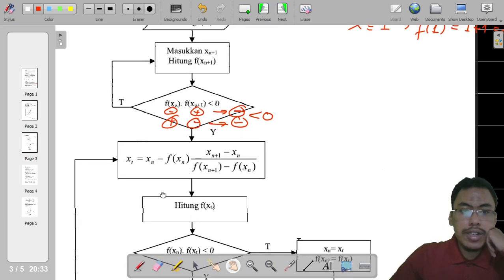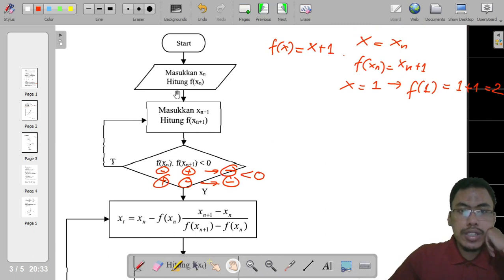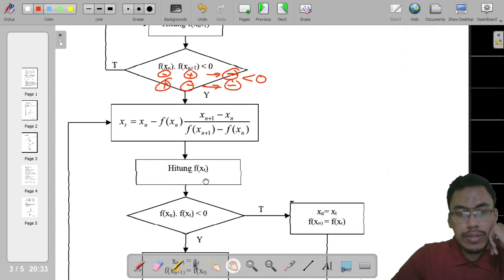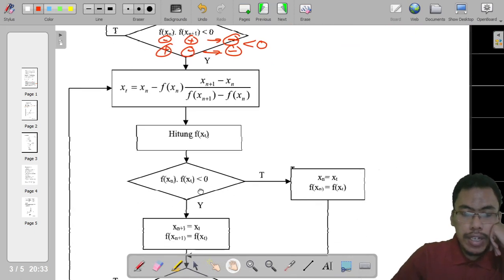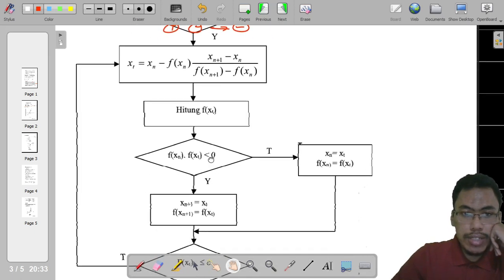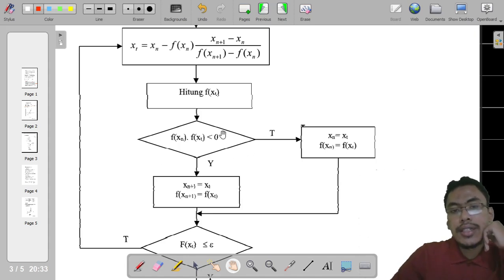The value of f(xn) is already obtained because we calculated it at the early stage of the steps, and you multiply it with the value of f(xt). If the value of this operation is less than 0, then we go to this step, and if we do not get less than 0 for this calculation, then we move to the other step.